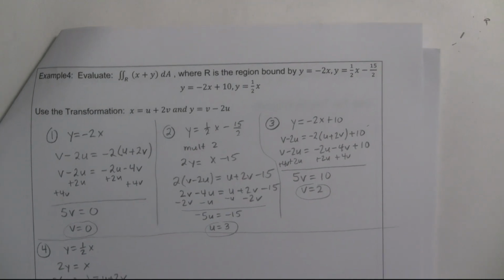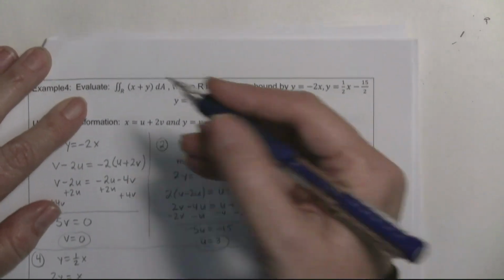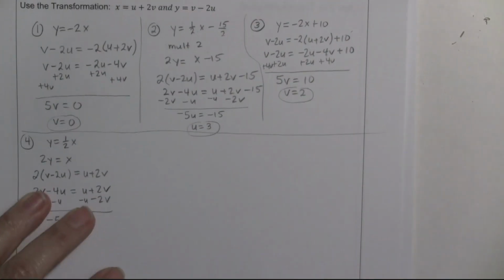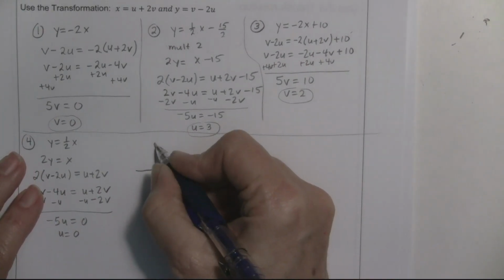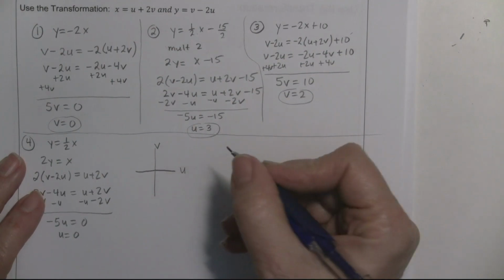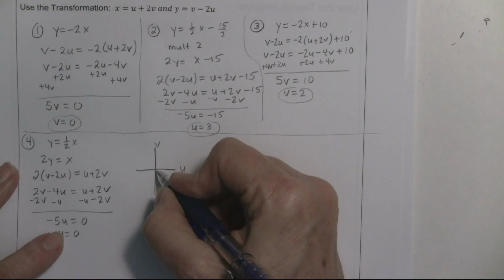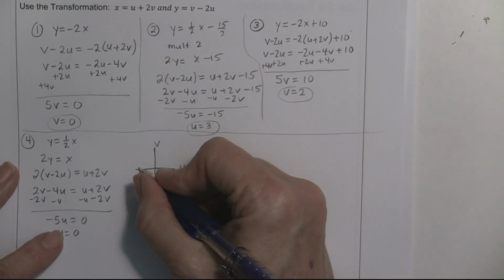And so the other thing that we need, I was going to draw this. Okay. So here's our new thing. It has a V axis and a U axis. U equals 0 is right here, and V equals 0 is right here.